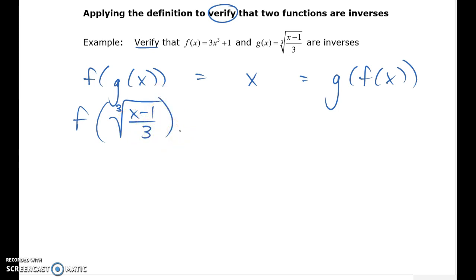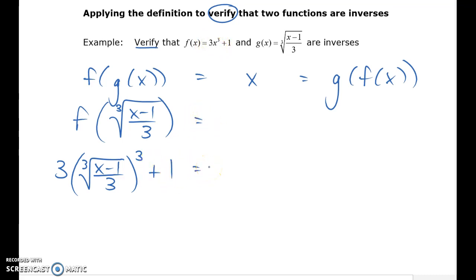I will be substituting that into the f for x. The x that you see in terms of the f of x is here, and that's 3x cubed plus 1. So I'll use a larger set of parentheses, substituting in the expression cube root of x minus 1 over 3, and that quantity is cubed, because again it's 3x cubed, and that's plus 1.